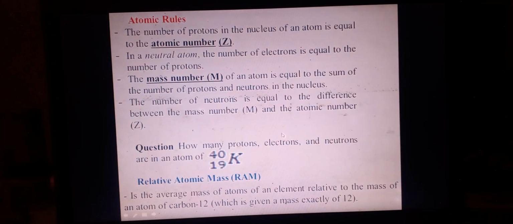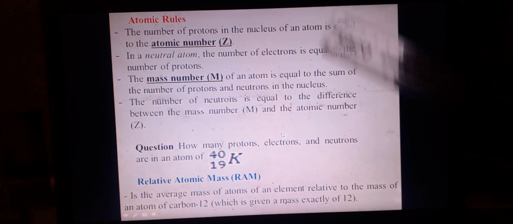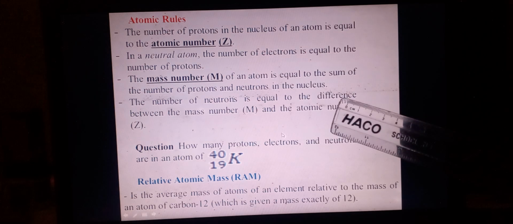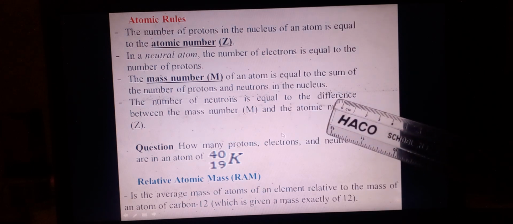Among the subatomic particles, you mentioned electrons, protons, and neutrons, where we said protons and neutrons are normally concentrated at the center of an atom, while electrons normally occupy a large region surrounding the nucleus.